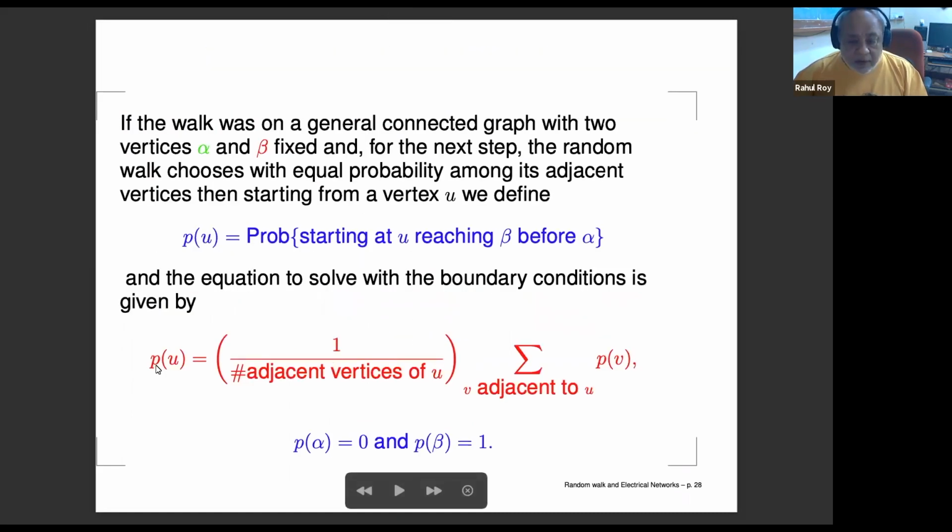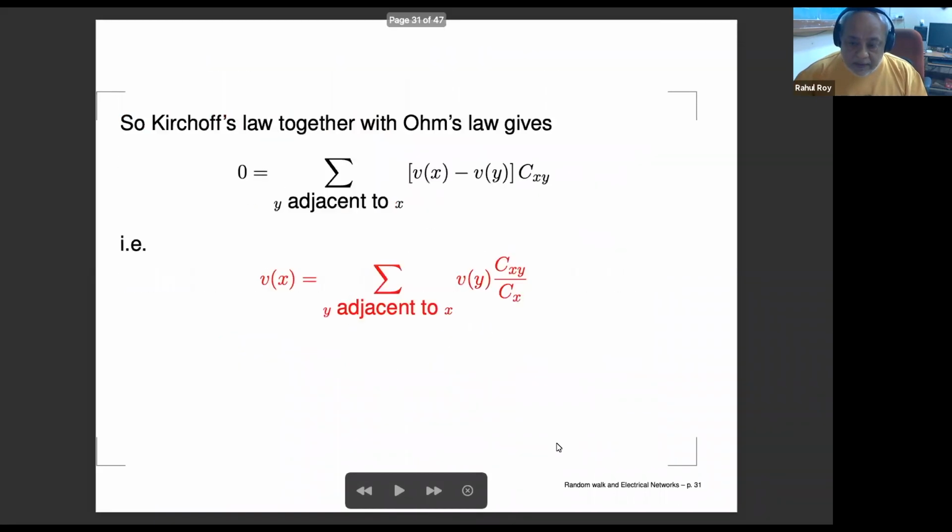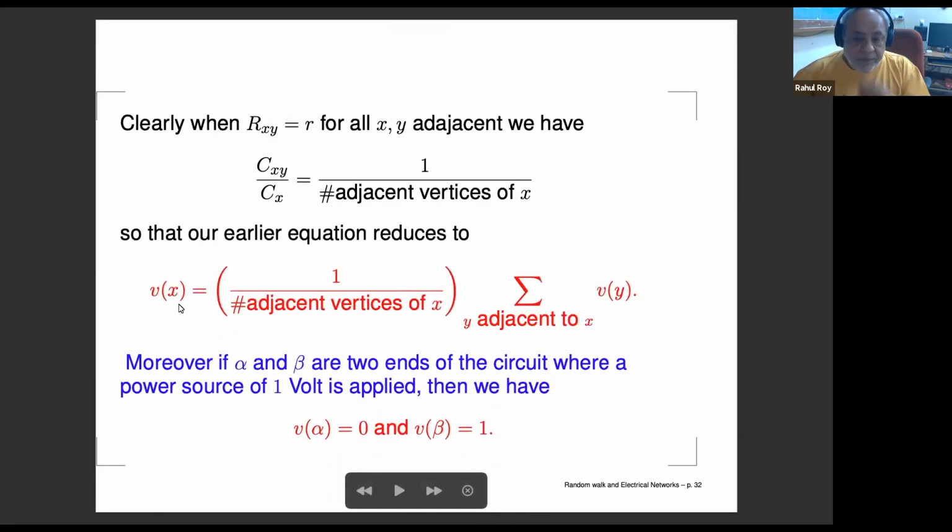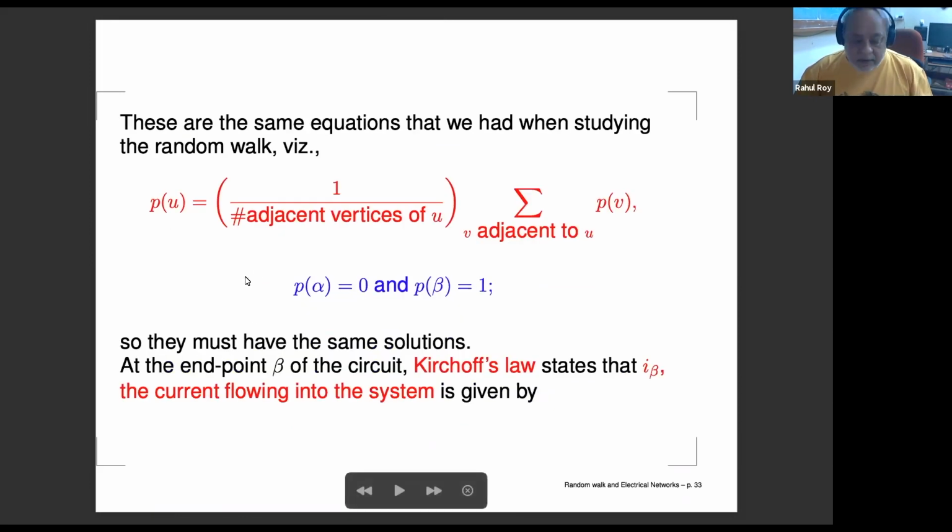Instead of V, I have P here. Pu is 1 over the number of adjacent vertices times this sum, and the boundary conditions were P alpha equal to 0, P beta equal to 1. And that's exactly what we have here. Instead of P, we have V. So they must have the same solution. They are the same equations when we are studying this, and therefore they must have the same solutions.